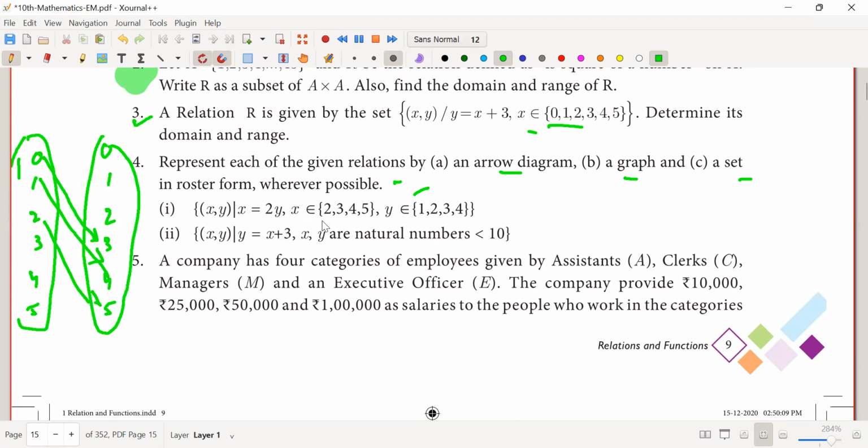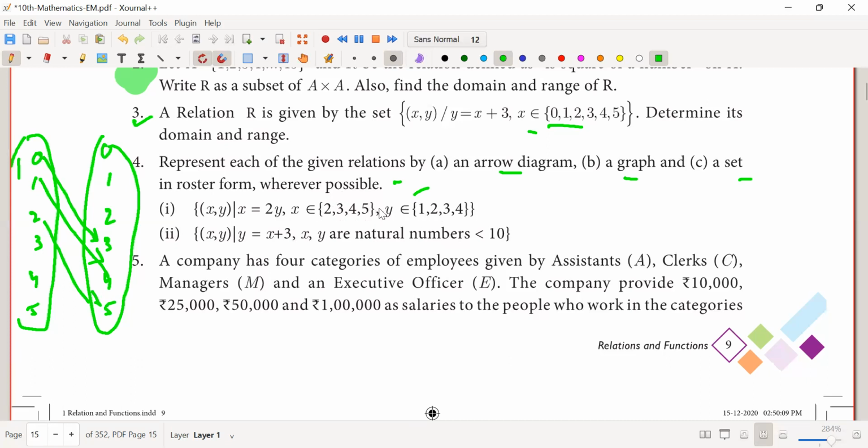If I substitute 3, 6. Substitute in place of y. If I substitute y equal to 1, it is 2. If it's 2, 4. If it's 3, it's not here. So we can't map at all. So we can map 1 and 2 with 2 and 4.